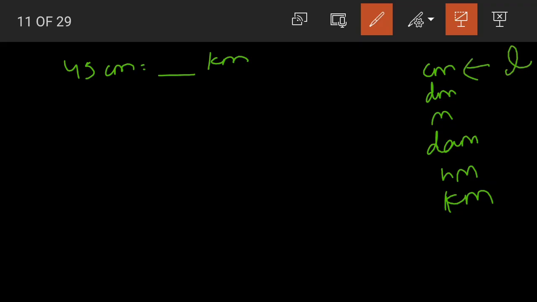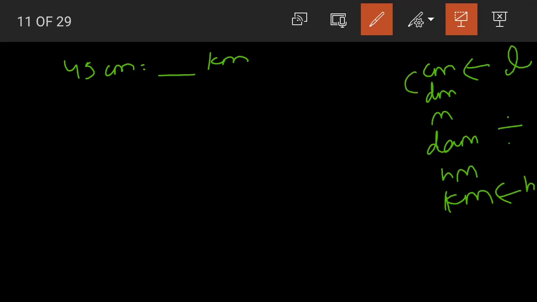When we look at the hierarchy here, again we have centimeters, decimeters, meters, decameters, hectometers and kilometers. Centimeter is somewhere here. It is a lower unit of measurement which we are converting into kilometers. That is a higher unit of measurement. So by how much should we divide, children? Divide. Okay.